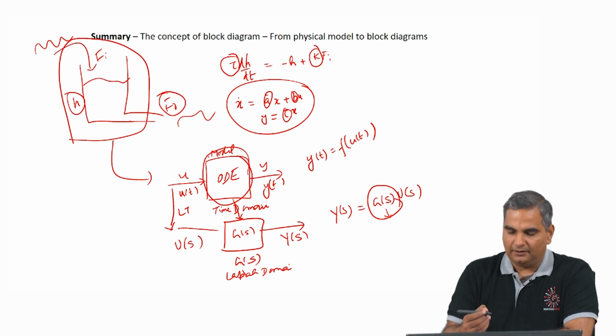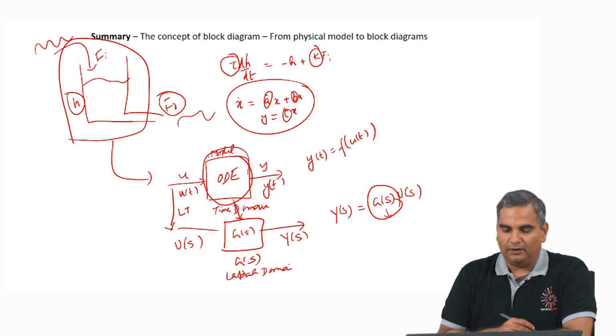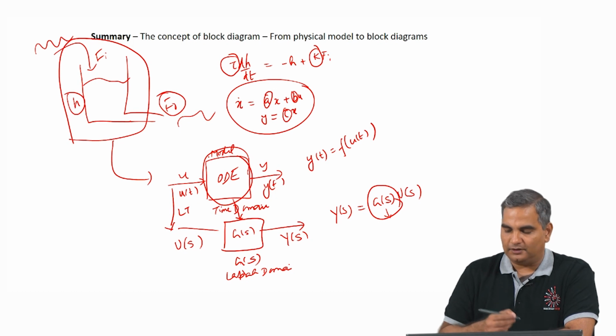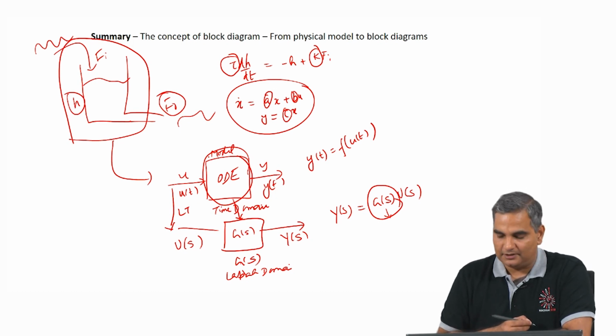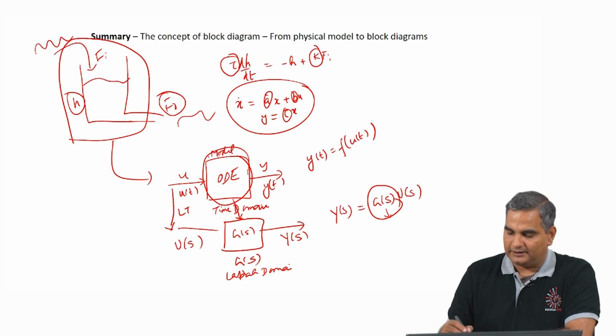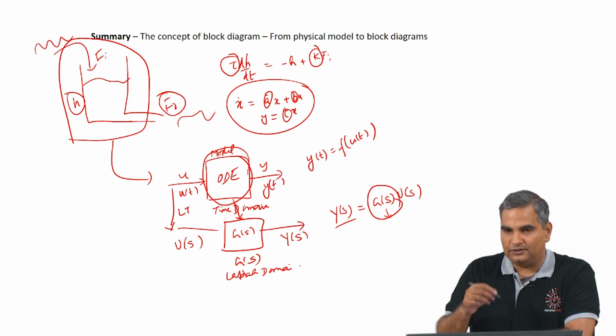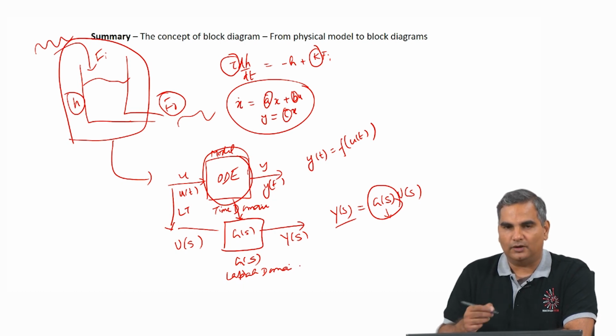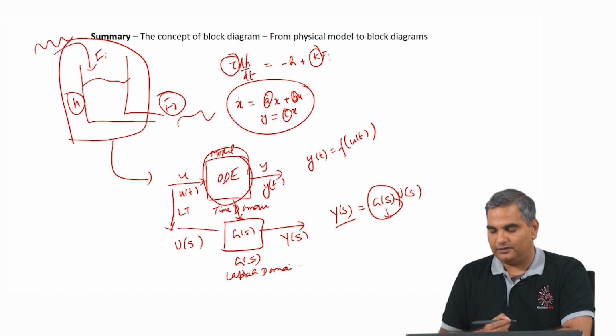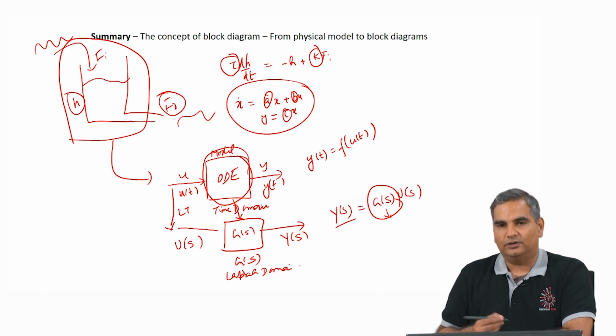Now, this is single input single output. If you have more inputs, because of the linearity assumption, things are quite simple. For example, if there are 2 inputs which affect the output, then there will be 2 transfer function models. We will see this in more detail later, but I just want to explain this here so that you understand how these blocks work.